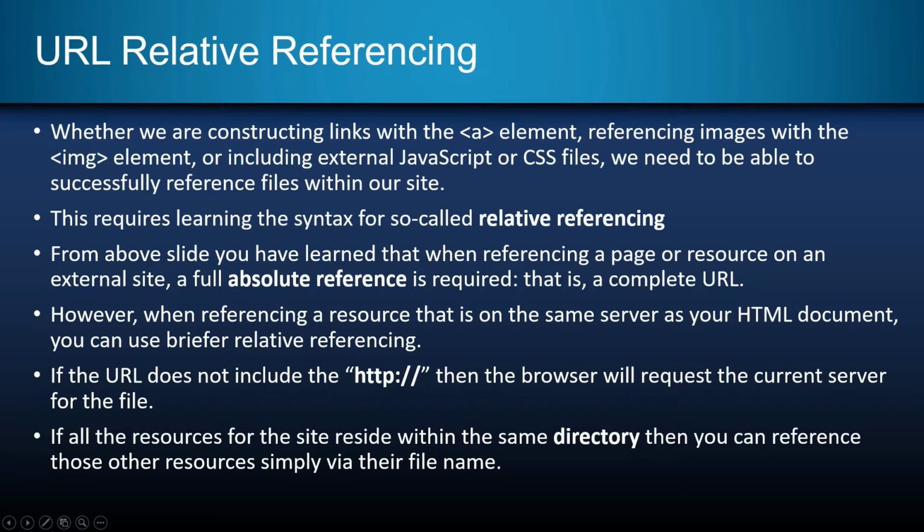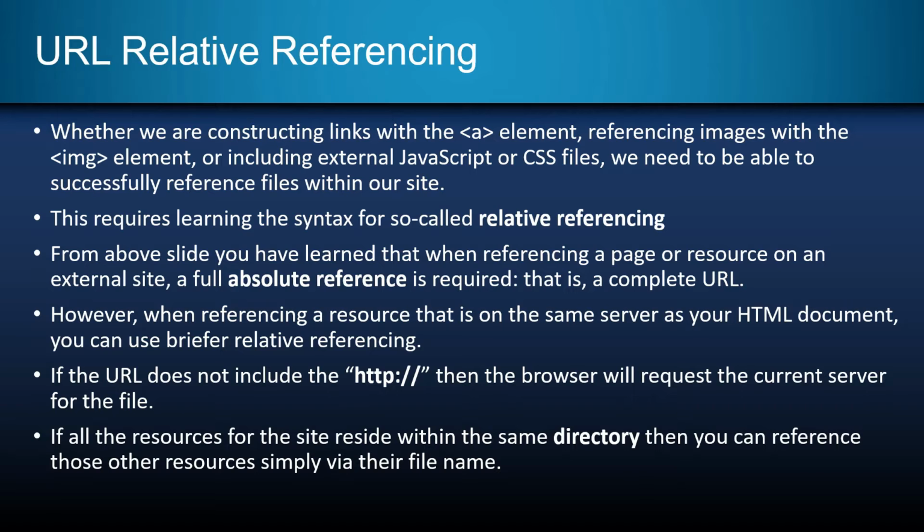However, when referencing a resource that is on the same server as your HTML document, you can use a relative reference. So if you are referencing an image or any resource file on a different site, you use an absolute reference, a complete path name where that resource is located on that site. However, when referencing a resource on your local machine or the same server, we use relative referencing.